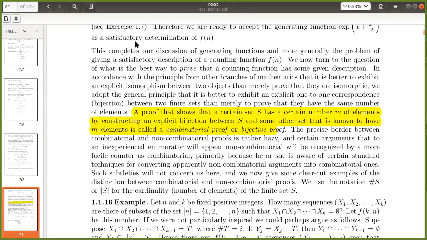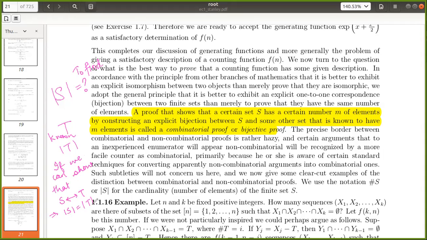So what I'm saying is really this. You have a set S and you have a set T. The cardinality of S is what is unknown to you, or what you want to find, and the cardinality of T is known to you. If we can show that S is in bijective correspondence with T, then this will automatically imply that their cardinalities are the same.